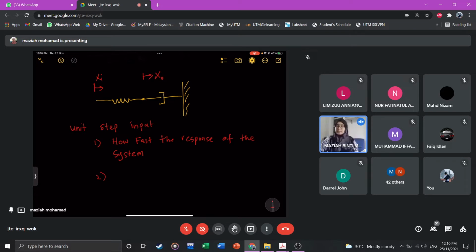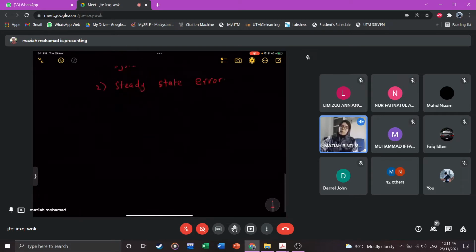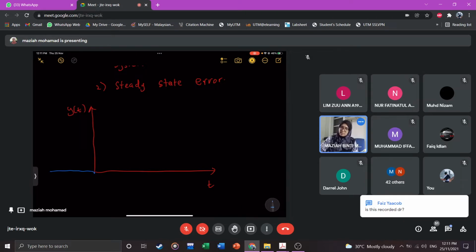And the second one is steady state error. So we have some specification on that, right? And then we apply the input to the system. So we apply the unit step input. Let's say this is the input, blue one.